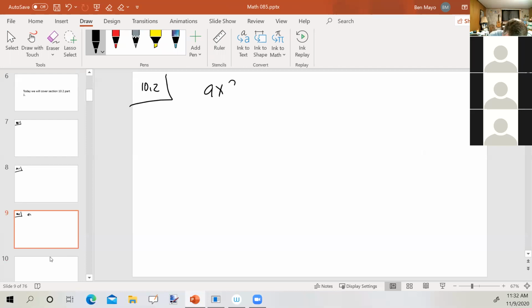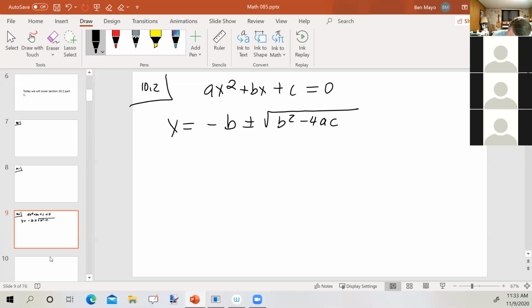If we take ax squared plus bx plus c equals 0, so sort of the general formula for a quadratic or second degree equation where a, b, and c are the coefficients of those three terms, and we go through the process of completing the square, like we would divide everybody by a so that it starts with x squared, we'd subtract c from both sides, we take b and divide it by 2 and square it and add it to both sides and go through all those steps, we end up getting this: x equals negative b plus or minus the square root of b squared minus 4ac all over 2a.